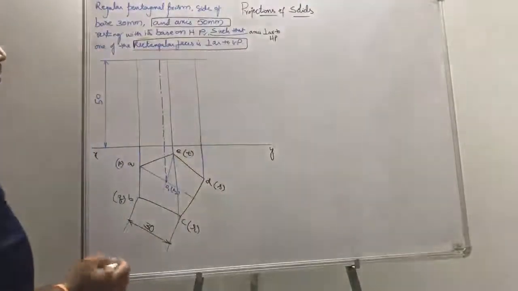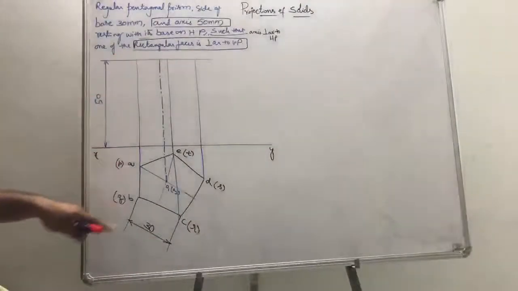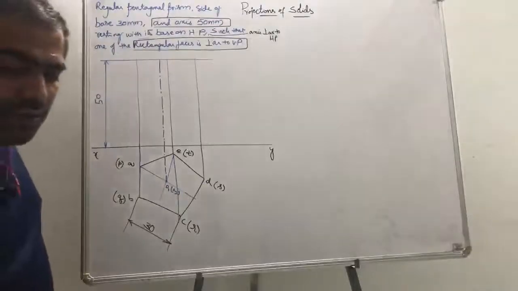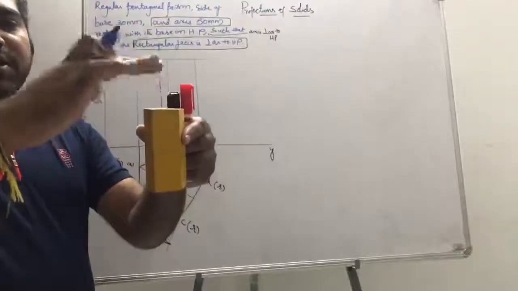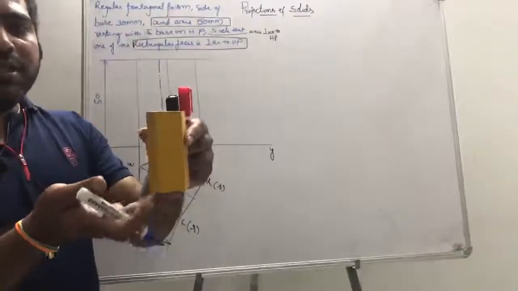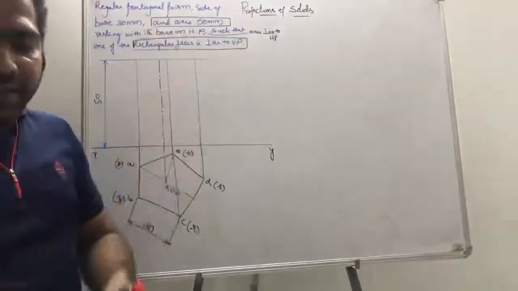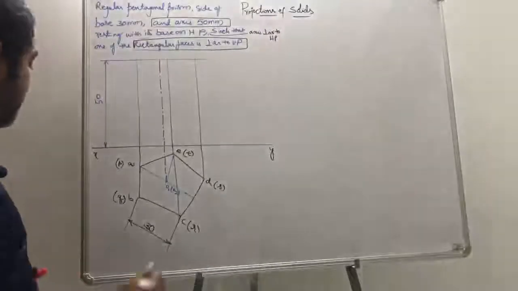Now tell me, what are the top points and what are the bottom points? If we see from the top, A, B, C, D are visible, which means this was the top base. P, Q, R, S is invisible, which means this was the bottom base. Okay, so let us see.